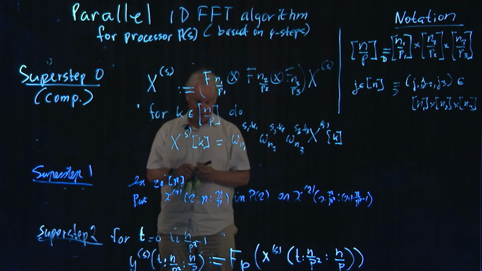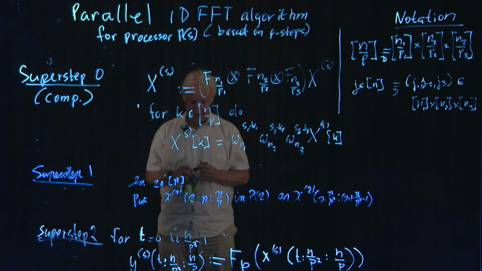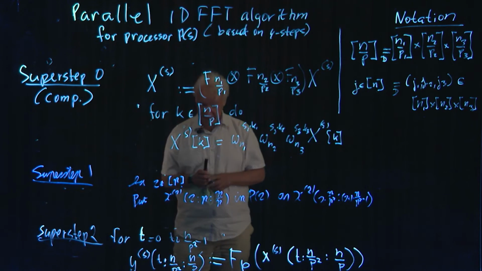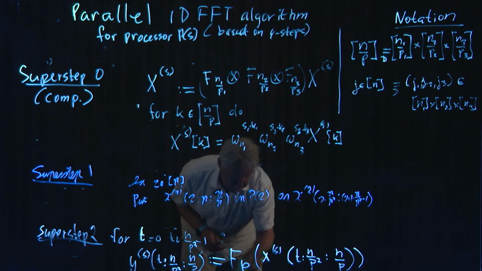Now we are generalizing from 1D to 3D the Fourier transform. So what we will be doing is then Fourier transforms of length P1, P2, P3.